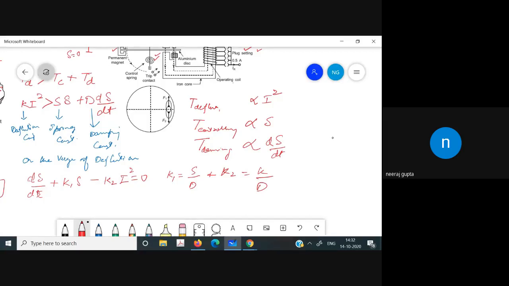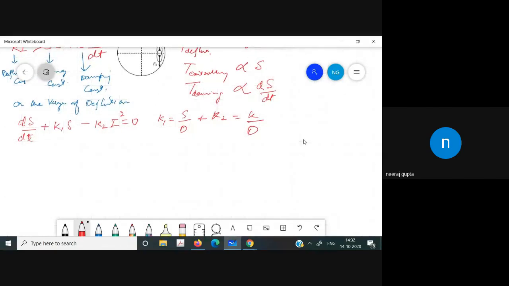Now, this is a first order differential equation, and as we know, its solution is given by delta equals k3 e to the minus t, minus k4. We have one more set of coefficients here, k3 and k4.